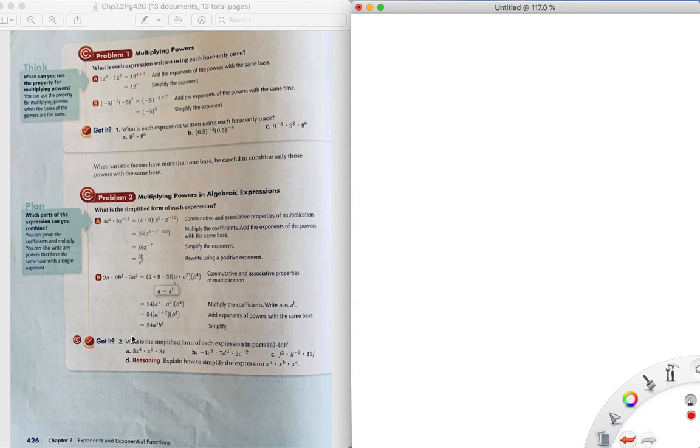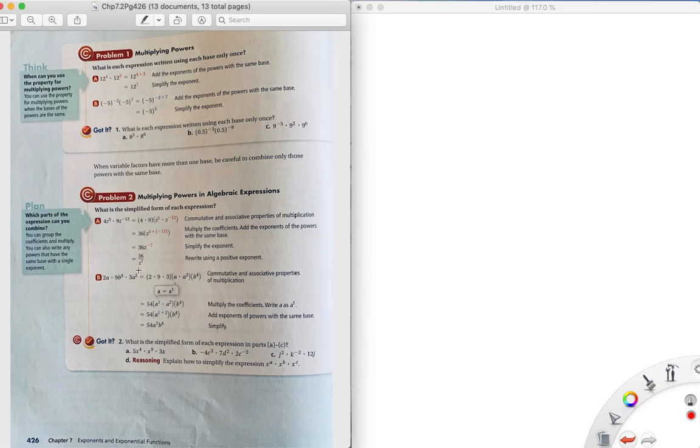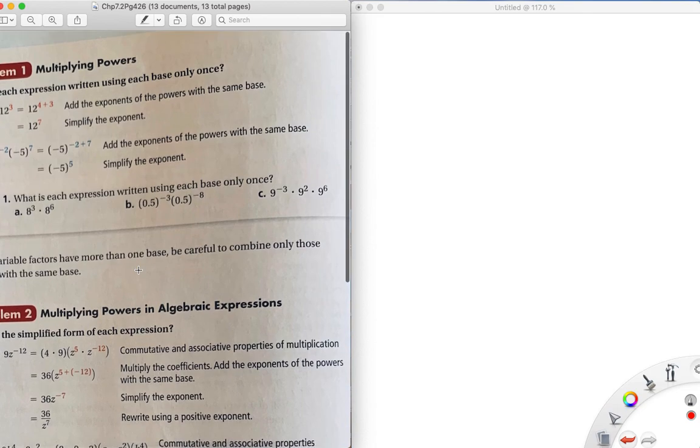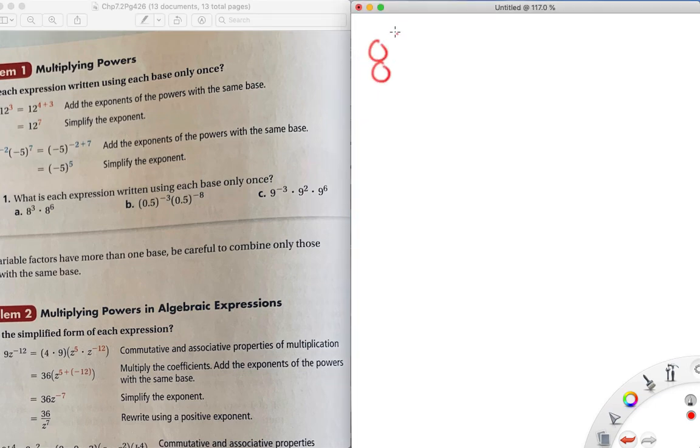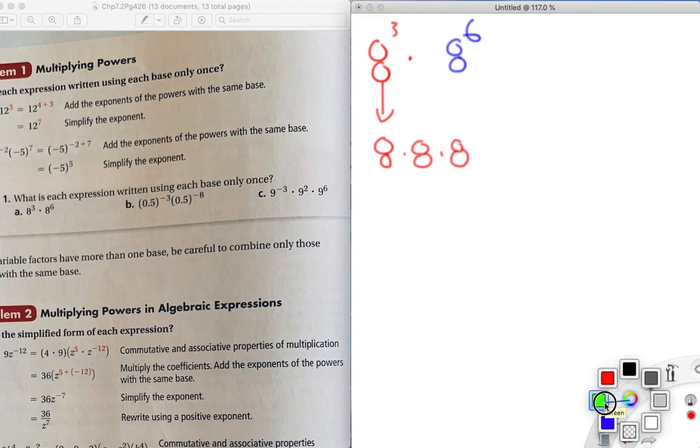So when we multiply numbers that have the same base but different exponents, in this case we have 8 to the 3 times 8 to the 6. If we were to expand it out, it would be 8 times 8 times 8.